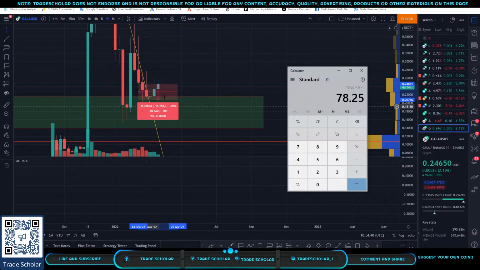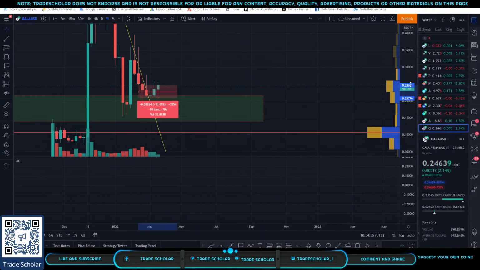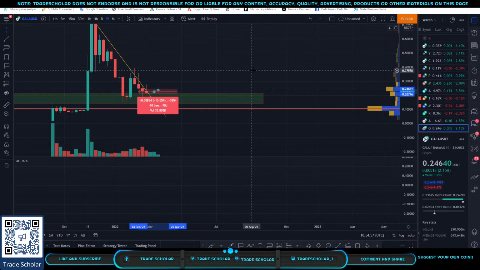You can only have 5x leverage. Okay, you can open a long position for Gala, and then your stop loss is 0.20776. You get 5x leverage, and then you can ride it to the top, to the moon.